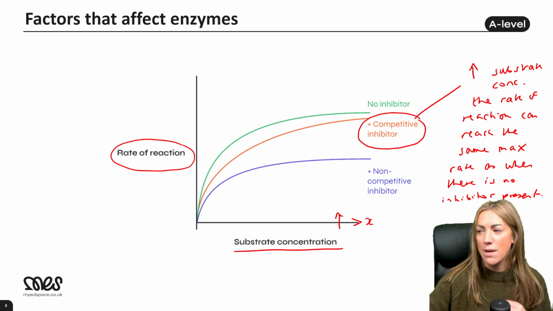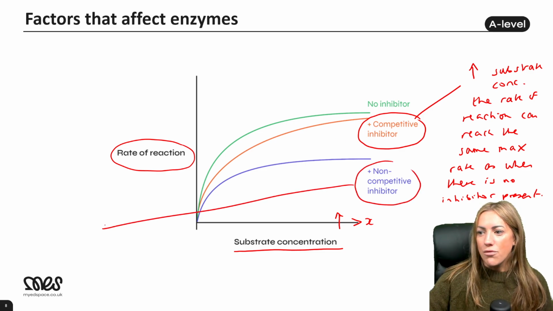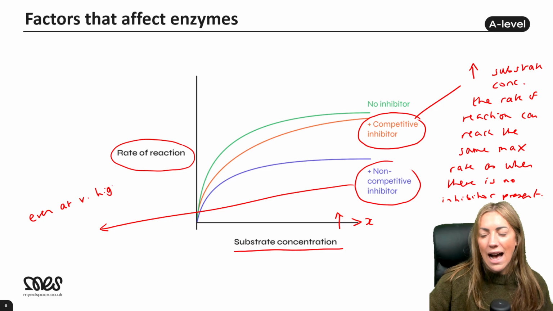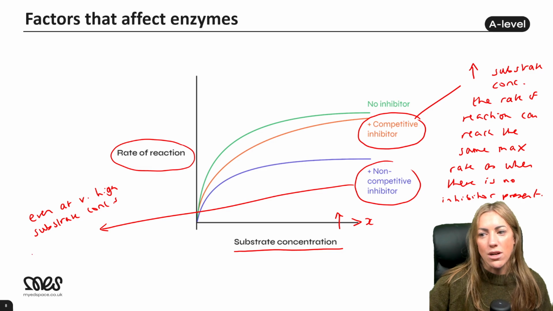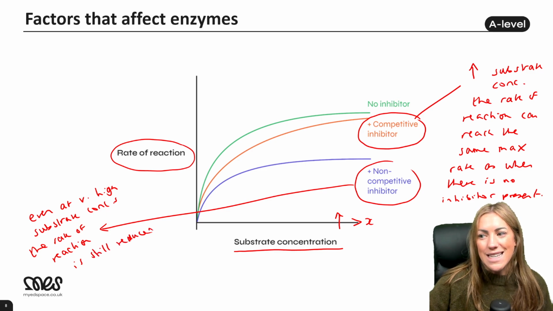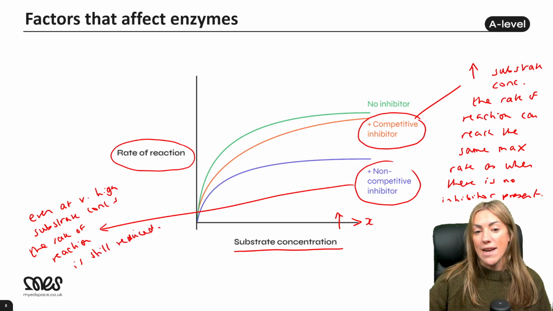Now, if we look at the purple line, which is our non-competitive inhibitor, the reason we can tell it's a non-competitive inhibitor is even at very high substrate concentrations on our graph, the rate of reaction is still reduced. It's still going to be a lower rate than if there was no inhibitor present.